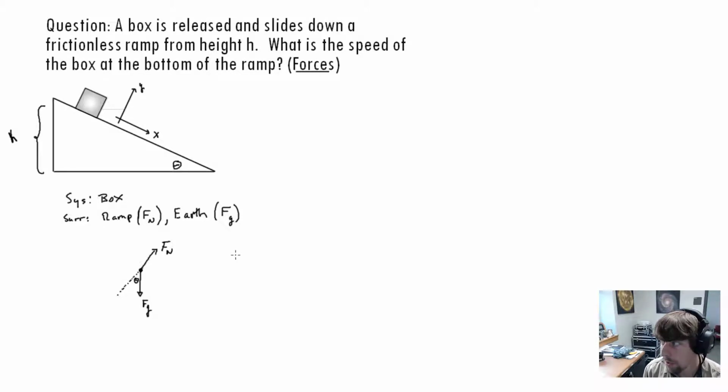Cool. Well, now, since we're specified that we're doing forces, we better write down our general equation, and our underlying physical concept is Newton's second law. So we have F net equals our mass times our acceleration. So we have that. And specifically for this case, we're going to look for which direction?